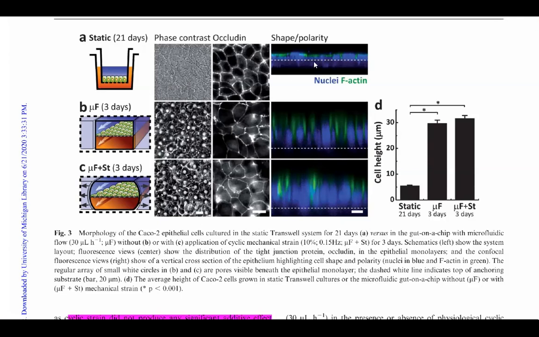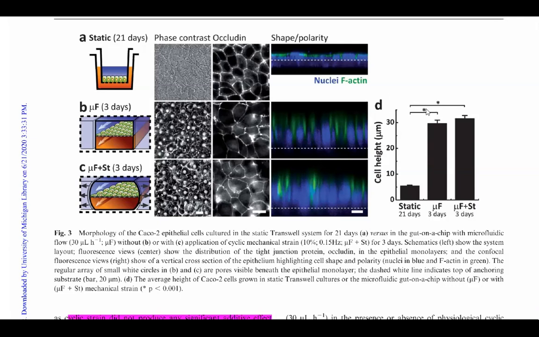But when we come to this fluorescent microscopic analysis of F-actin distribution and nuclear position, we realize that there is a great difference between the groups, because those of the static transwell culture were more flattened and showing squamous form, but the microfluidic devices showed larger, or let's say taller cell height, and also the nuclear location was different.